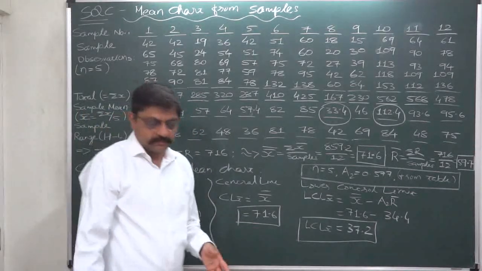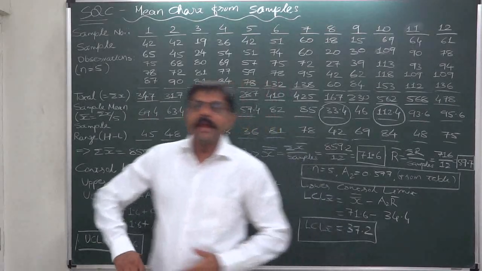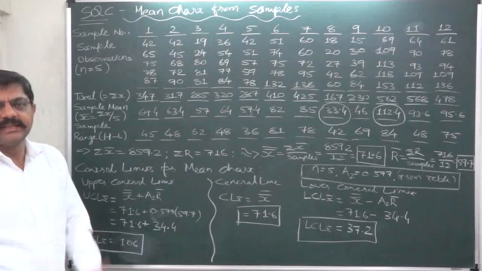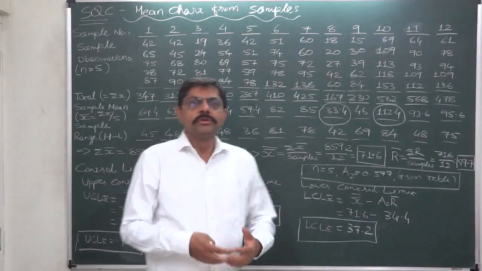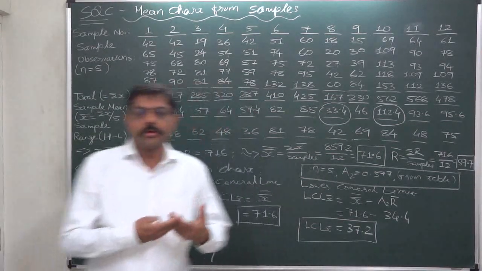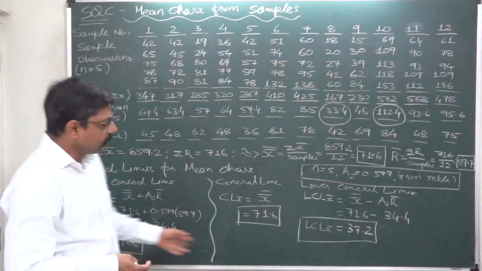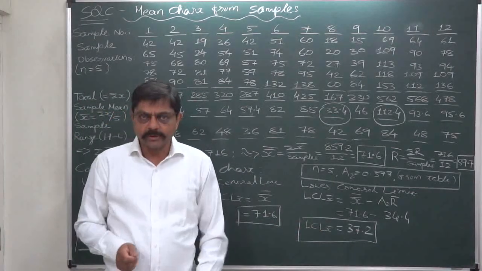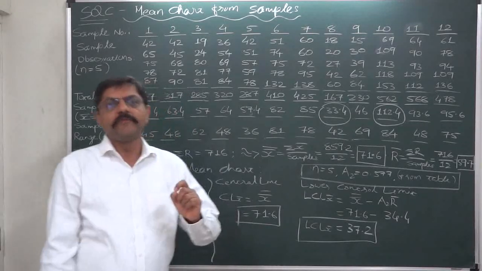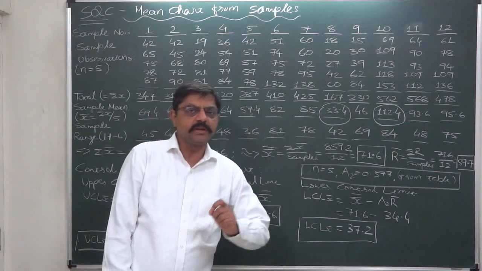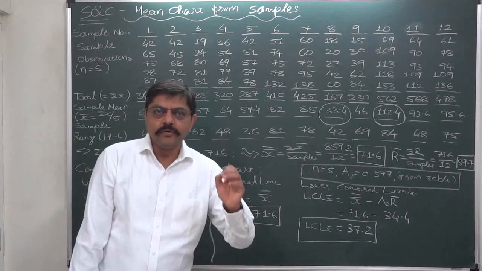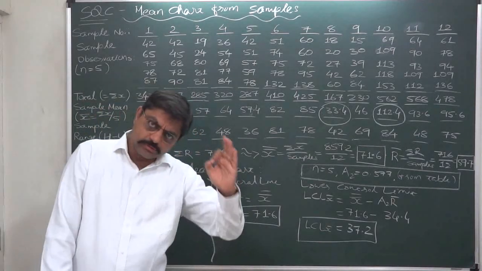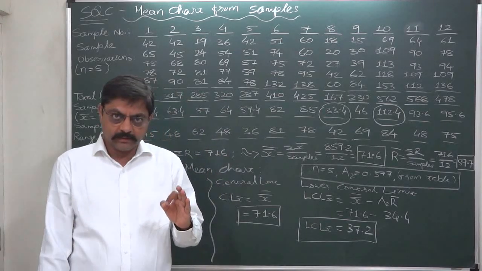In examination, a paper setter may also ask the question in this way. He or she can tell you to write or draw your conclusion just on the basis of the control limits and sample points. So be careful at the time of reading and understanding the question from the question paper. Draw the control chart only if you are asked to draw or construct the control chart.